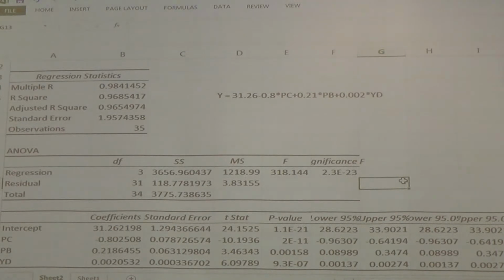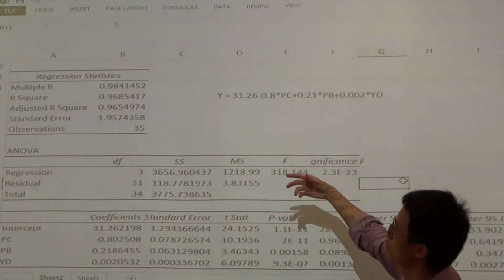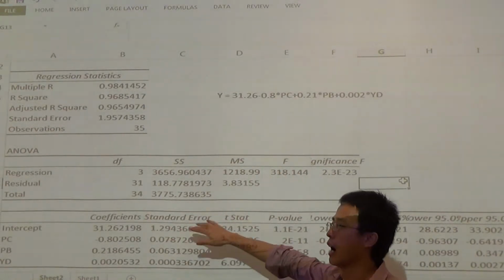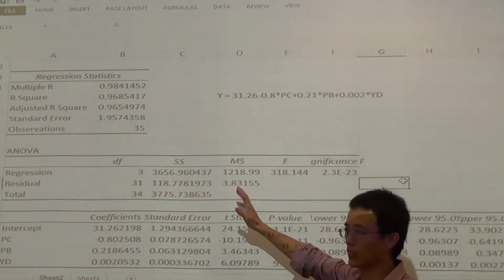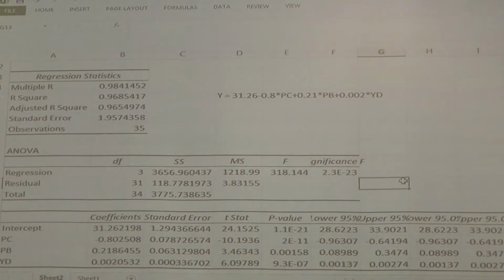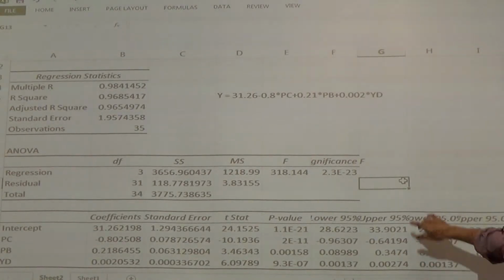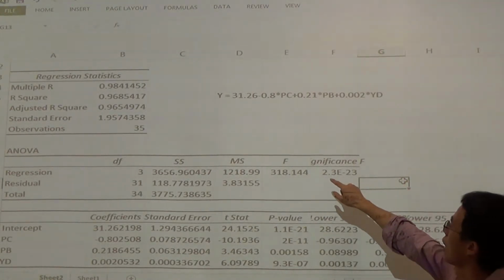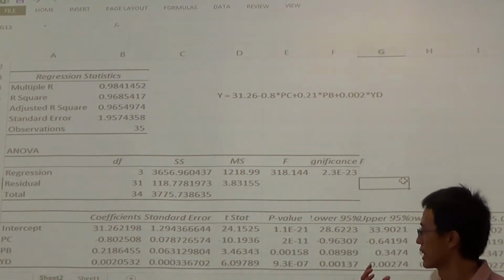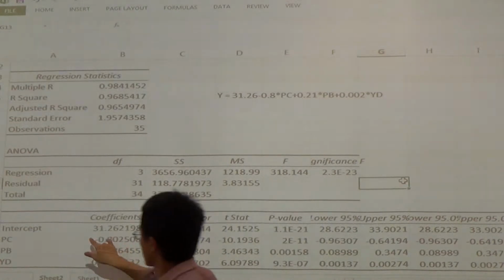Two things you want to look at when you get the outputs. First one is R squared, second one is whether individual coefficients are significant or not. Okay, now we are ready to interpret the results. First thing is, does our estimation make sense? Let's look at the price of chicken.